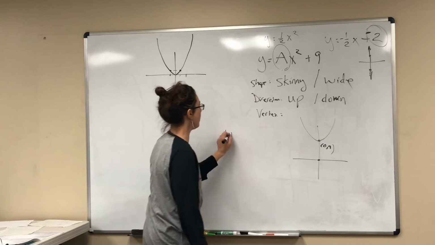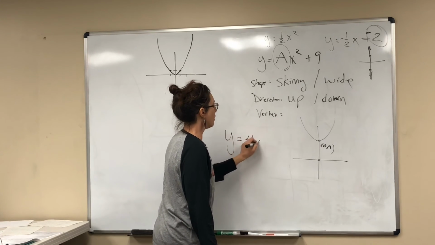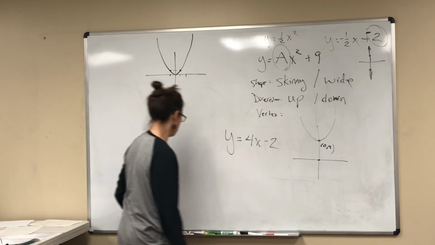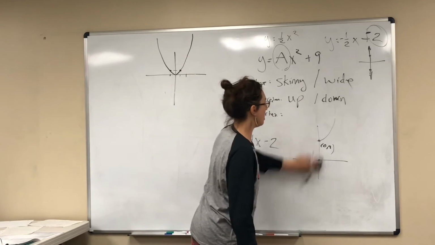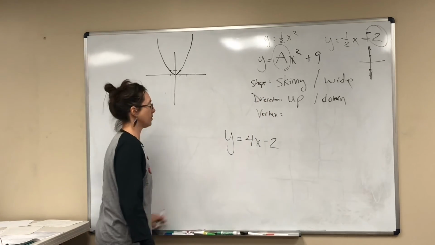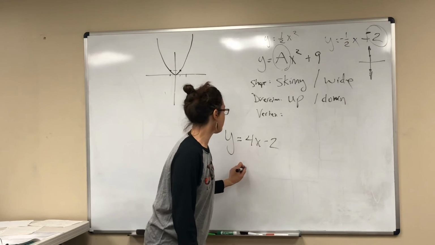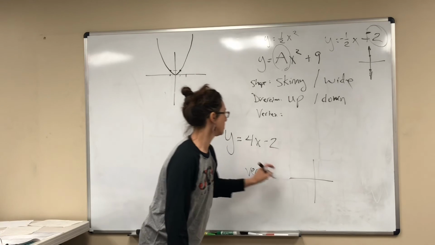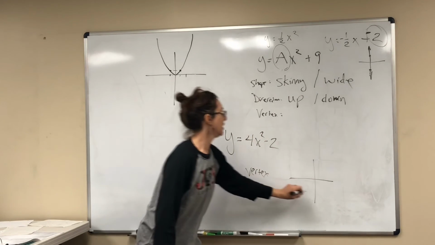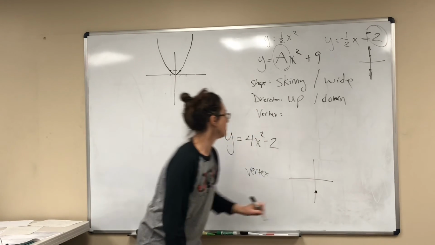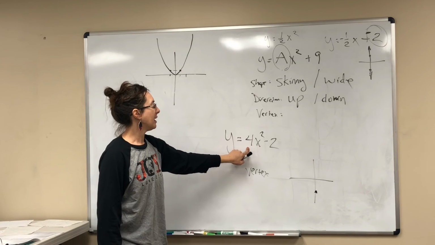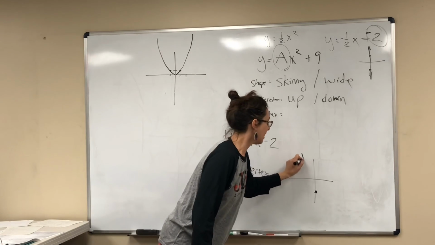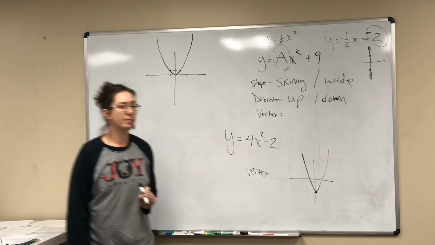So let's look at those again. So if we have y equals 4x squared minus 2, what do we know? It starts at -2. So my vertex, or the point where it starts, is -2, and it goes up and skinny. It's skinny, and it still faces up.